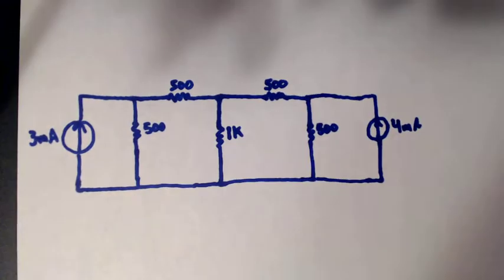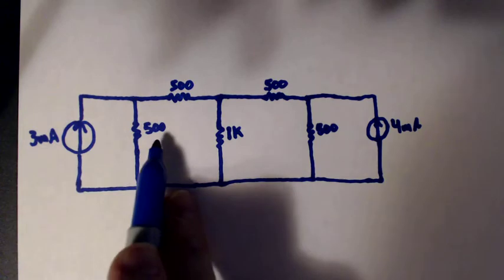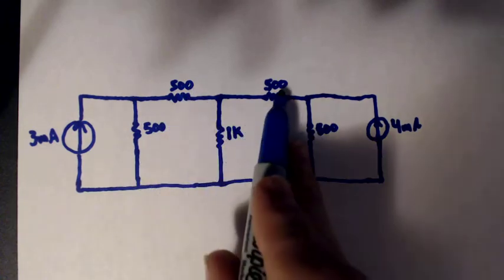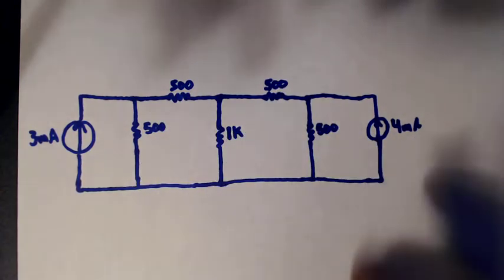There we go. So 3 milliamps, 500 ohms, 500 ohms, 1K ohms, 500 ohms, 500 ohms, and 4 milliamps.